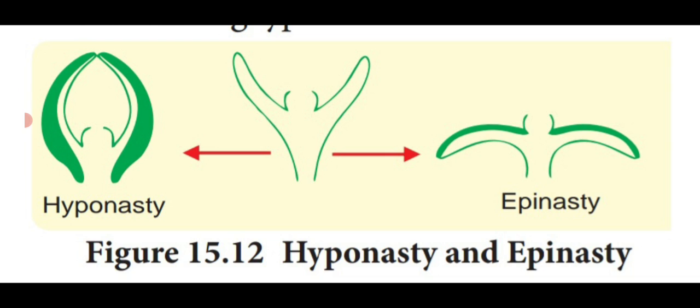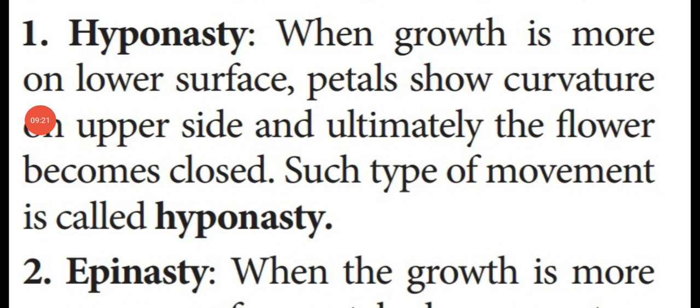The diagrams are showing the hyponasty and epinasty. First one, hyponasty. The growth takes place on both surfaces, the lower surface and upper surface. The growth movement takes place more in the upper surface.